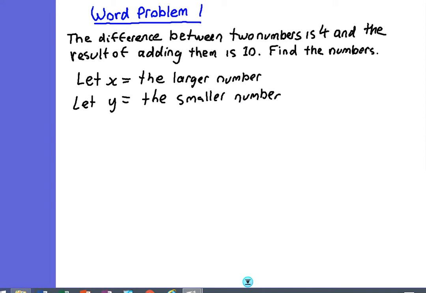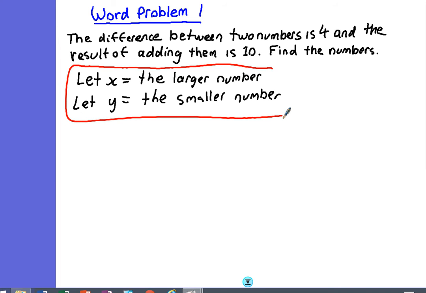It's very nice to say which one's the larger, because we're working with the difference of the two numbers, so that way we know which one to write in our equation with the subtraction.